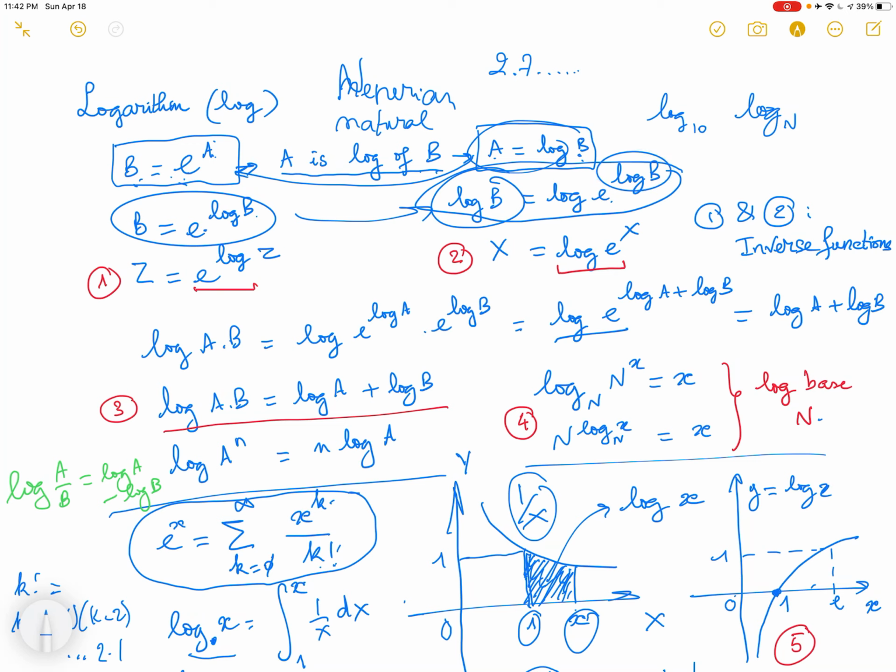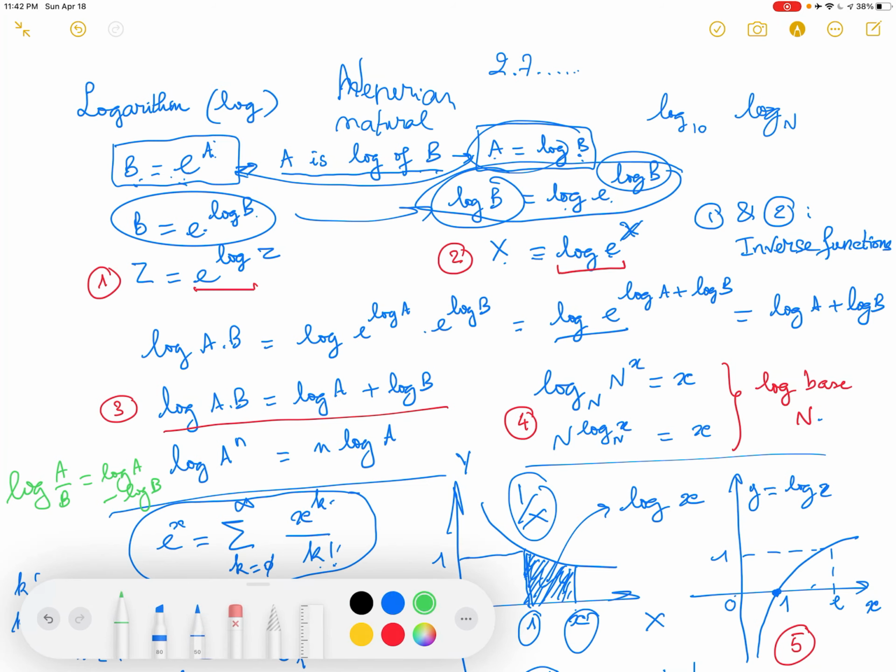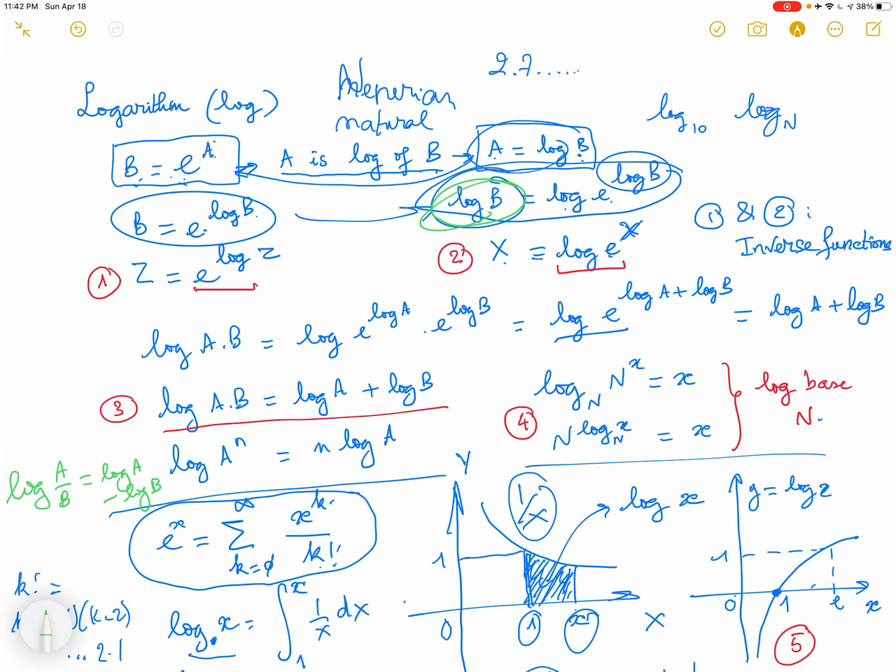This number is the same as this number. That means if you put a number like x, you can equate it to e to the power of log of x. Again, let me highlight this in a different color so you can see it. This number is equal to this number, and here you get a formula. So you can substitute any arbitrary number x here, and you can write x equals e to the power of log e of x.